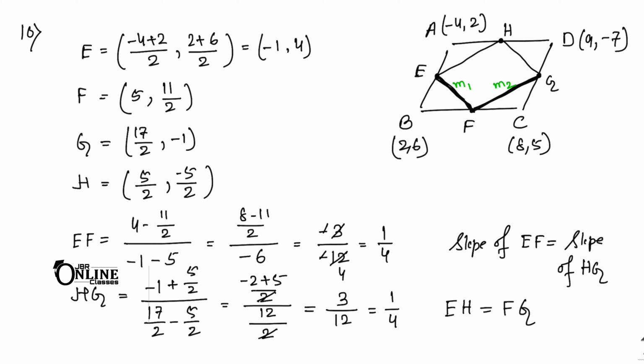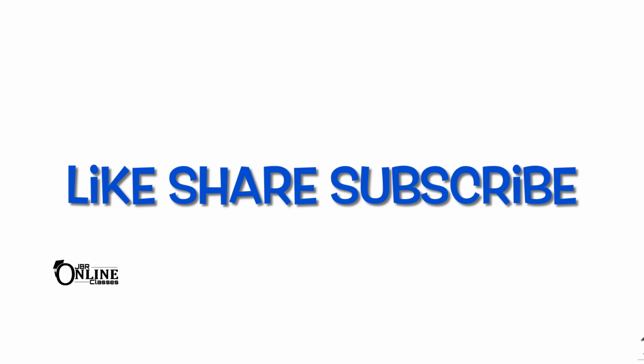So now you have to prove that m1 into m2 not equal to minus 1. If you prove this, then definitely EFGH is a parallelogram. So I hope you can solve it. First find out the slope of FG, then multiply this with 1 by 4, and it's definitely not equal to minus 1. Now the last one, sum number 11.